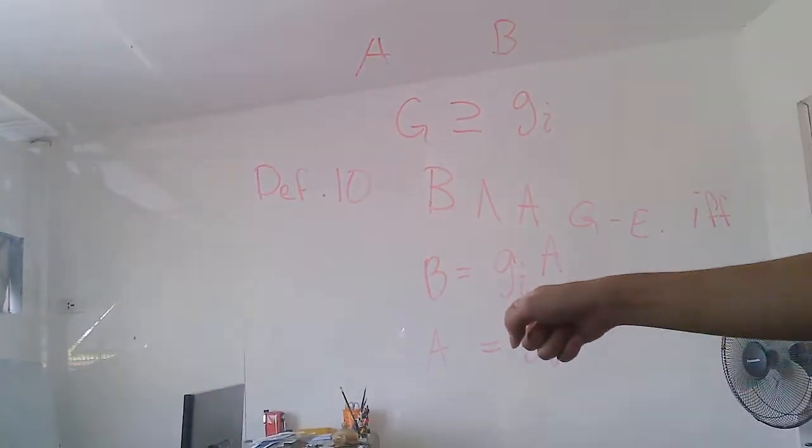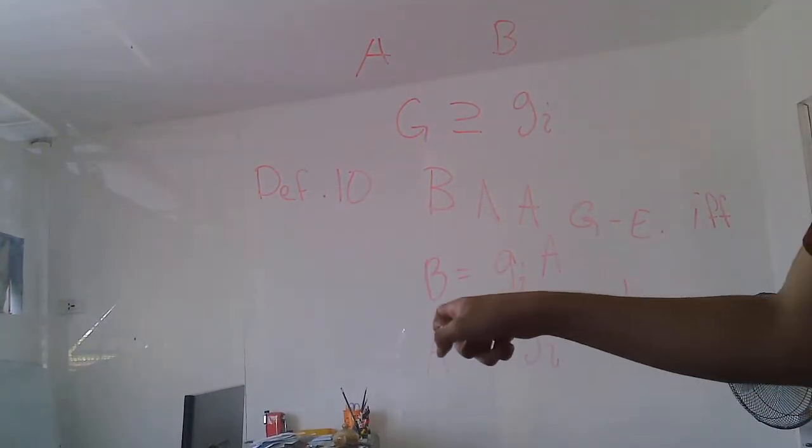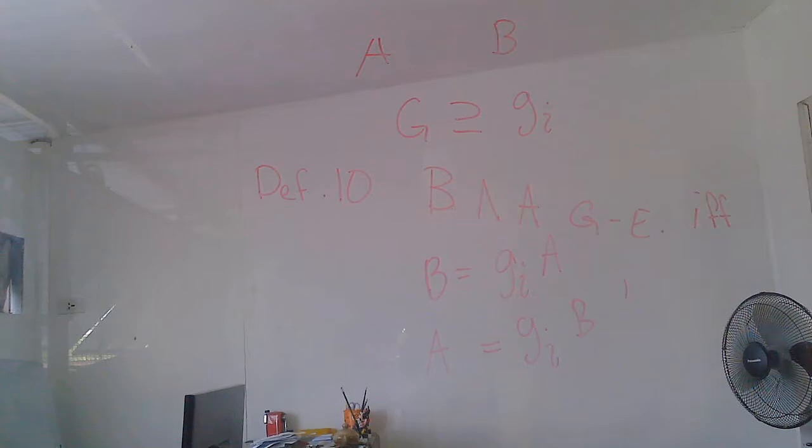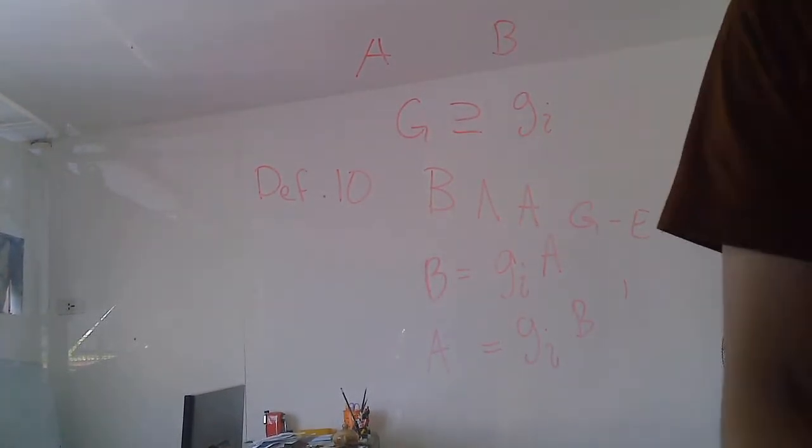When we apply this mapping on A, we get B, and vice versa. That's our definition.